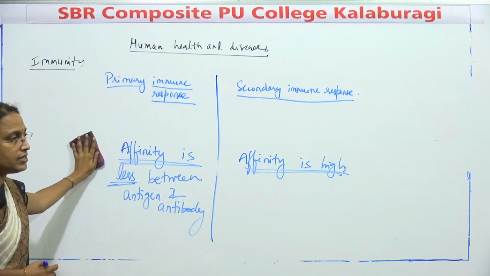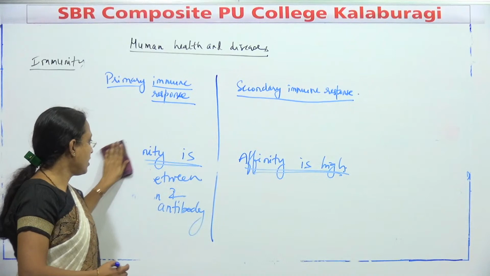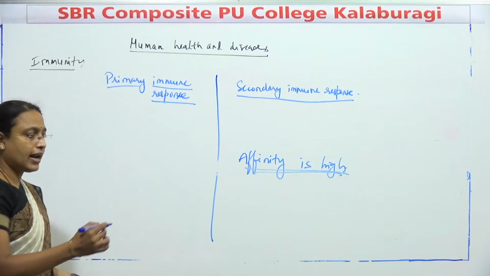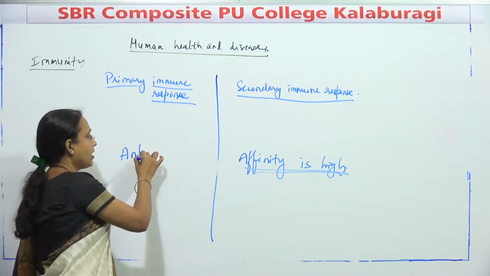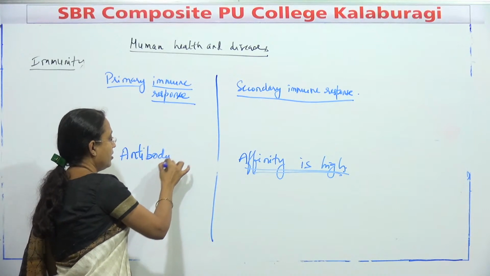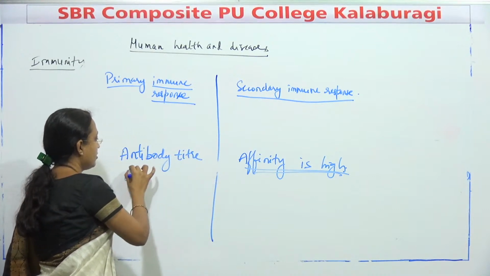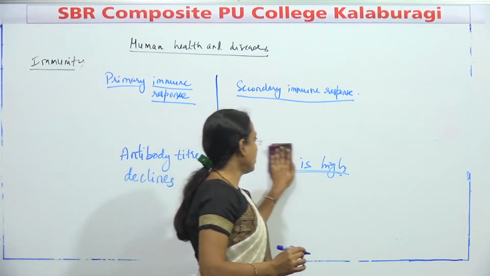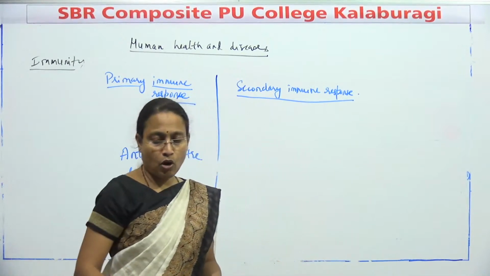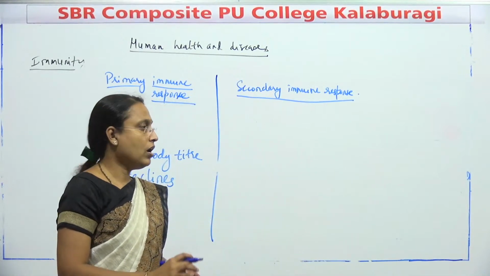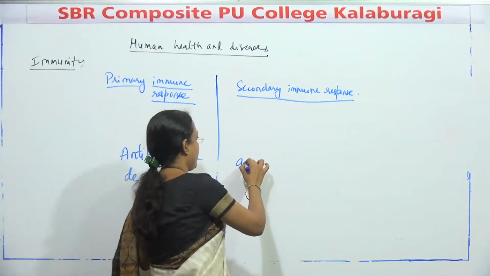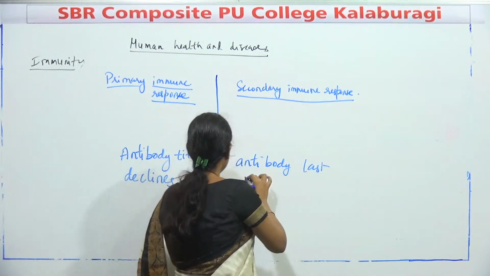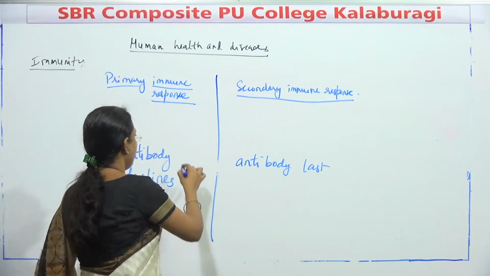So comes the next difference. Antibody concentration, antibody titer declines. On the other hand, here antibody lasts for longer time. Okay, you can hear other telling.